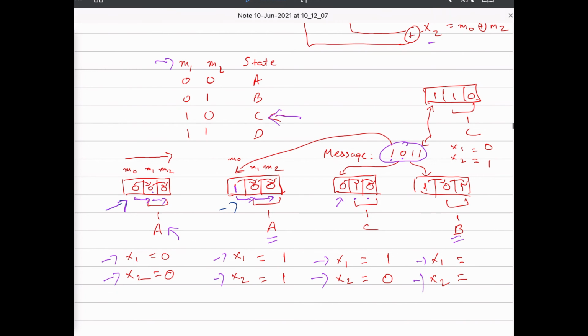At every step, whenever we consider the message, we are going to have some specific outputs and the state of the system. In this way, we can also construct the state table and state diagram for this given coding scheme because we have states here. That we will deal with in the next lecture. I hope this concept is clear to everyone.